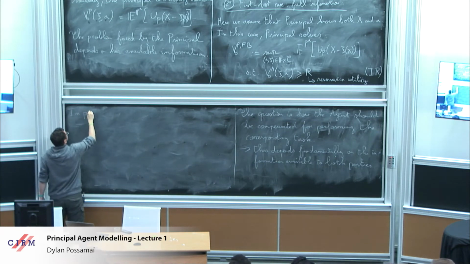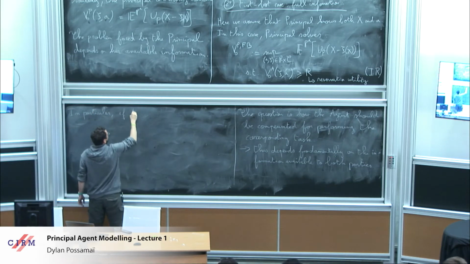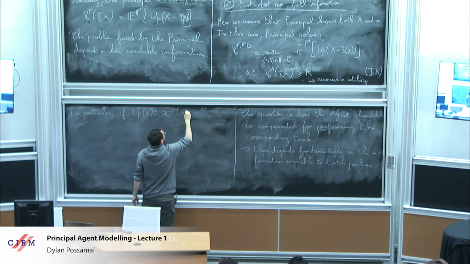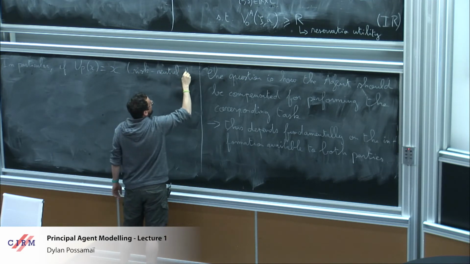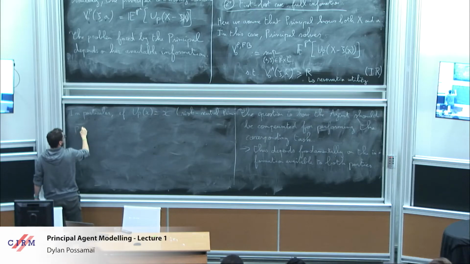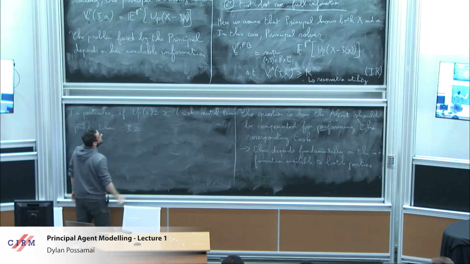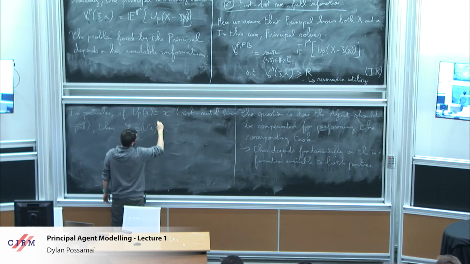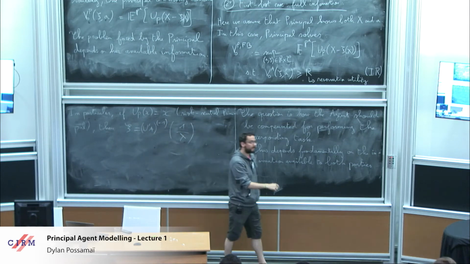So here in particular, you have a risk neutral principal, then psi should be u prime a minus 1 of 1 over lambda.